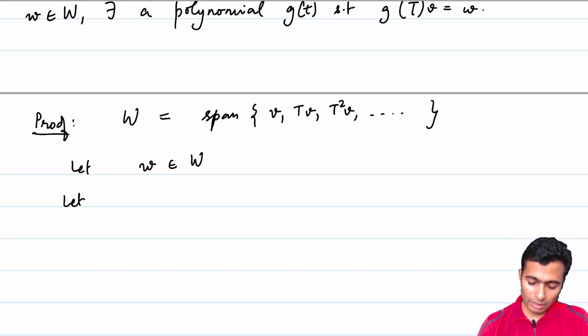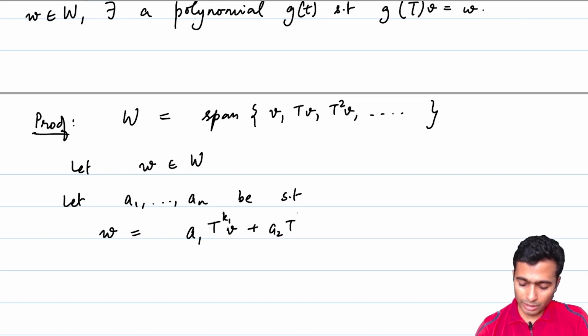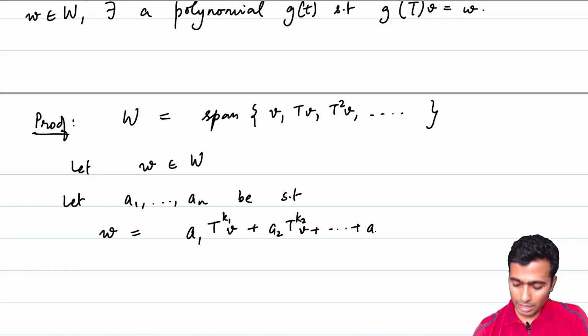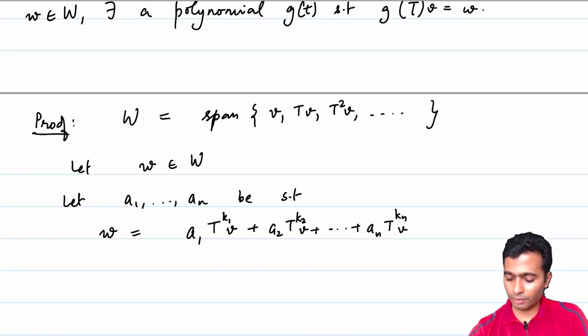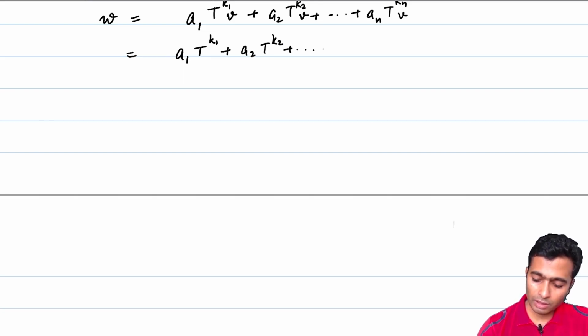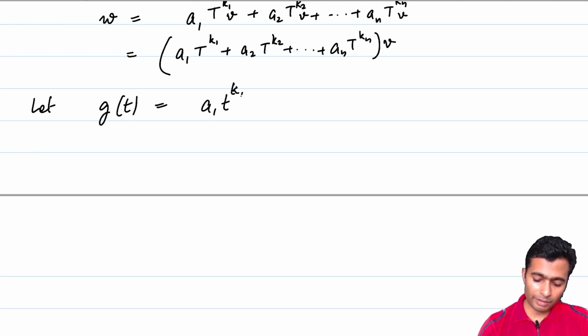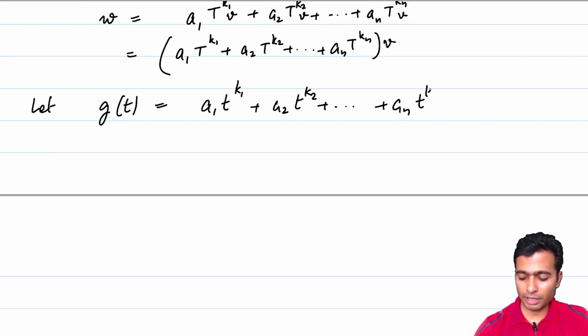So let a1 to an be such that w is equal to a1 T^k1 V plus a2 T^k2 V plus an T^kn V. But this is the same as a1 T^k1 plus a2 T^k2 plus an T^kn, this acting on V. So let's define g of T to be equal to a1 times T to the power k1 plus a2 times T to the power k2 plus an times T to the power kn.